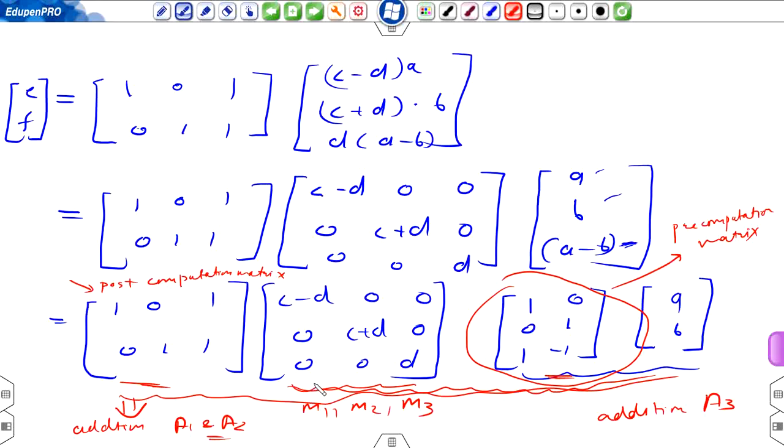Okay, so this 3 multiplication and 3 addition is expressed in matrix form.